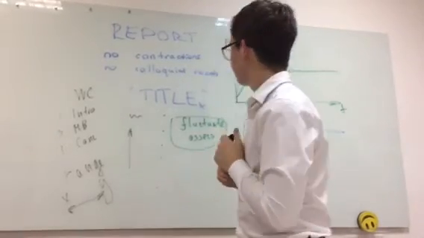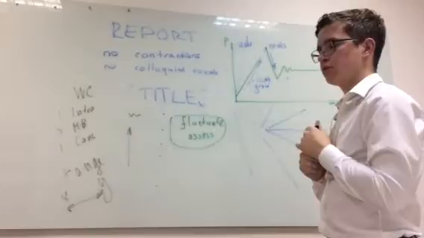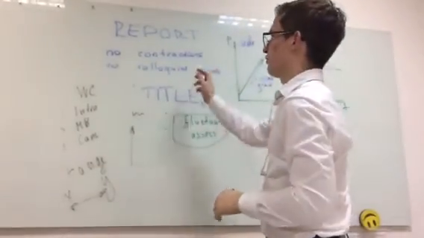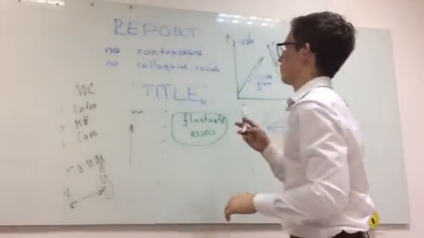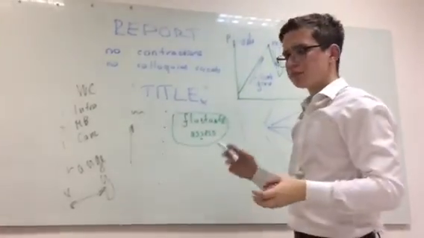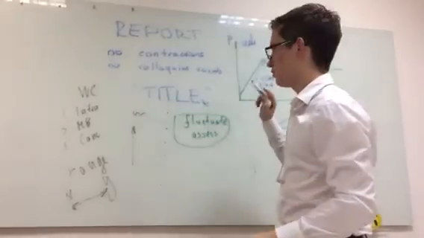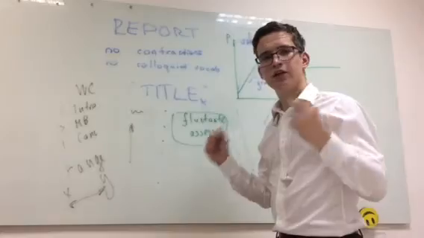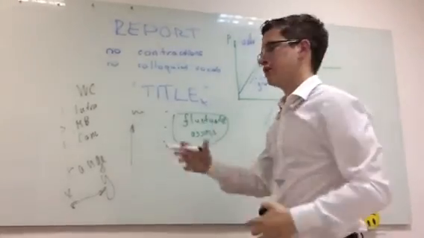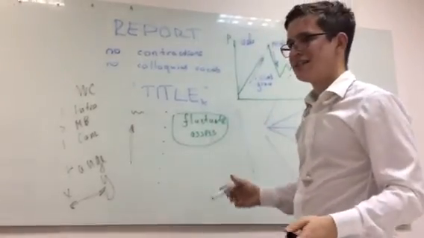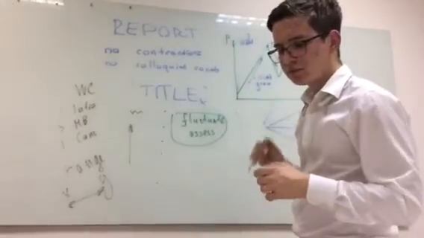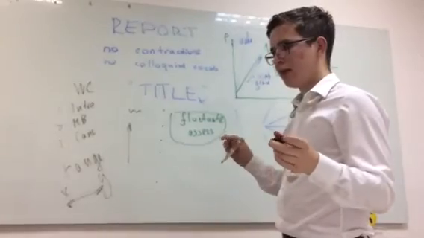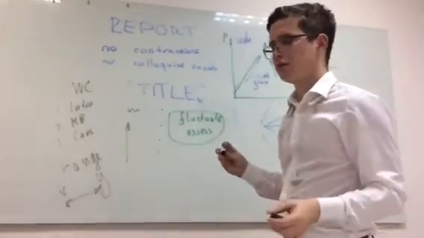So I think I've covered all of the most important topics. So let's do a quick review. Style, no contractions, no colloquials. Colloquials, strange word. Title, caps, no dots, no point, no inverted commas. Intro, just a quick glance at the topic. Main body, analysis, not only statement, and comparison.